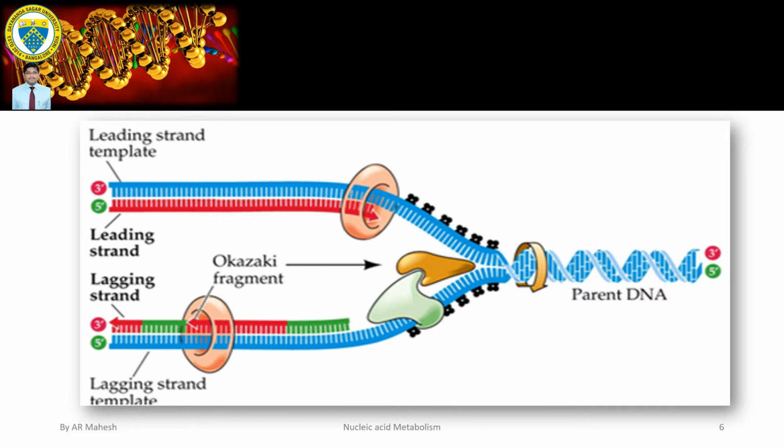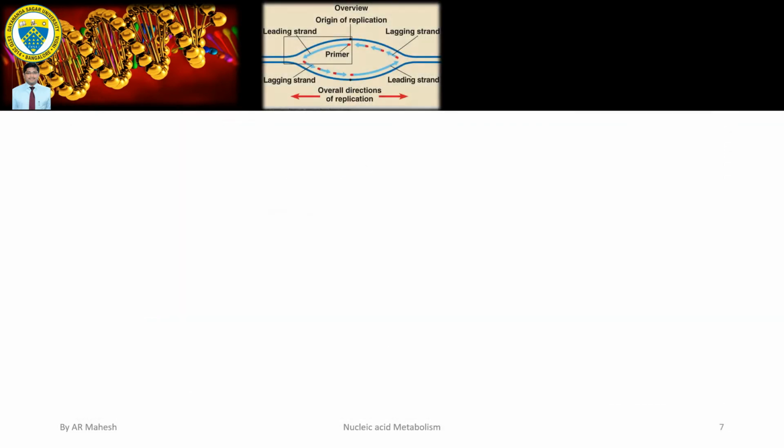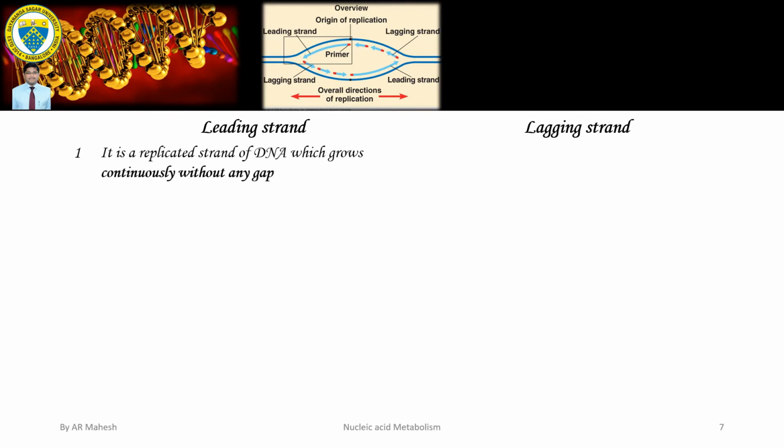The short segments of DNA synthesized on the lagging strand are called Okazaki fragments. These fragments are about 1000 to 2000 nucleotides long. Differentiate the leading strand and lagging strand.